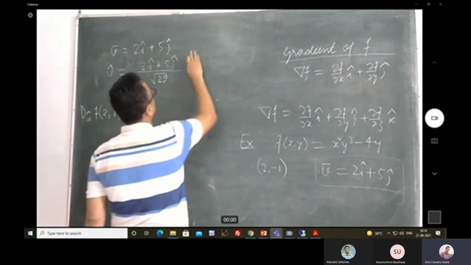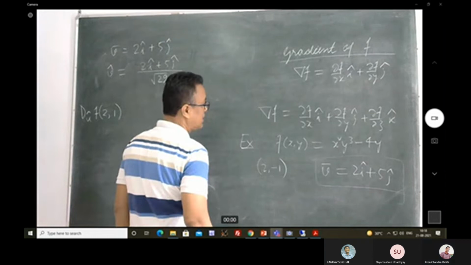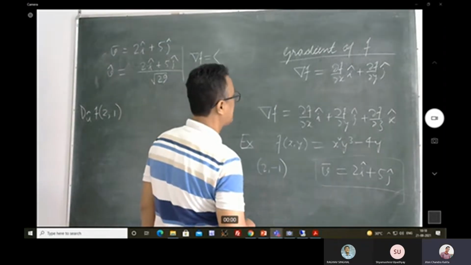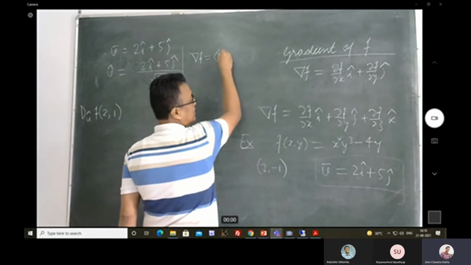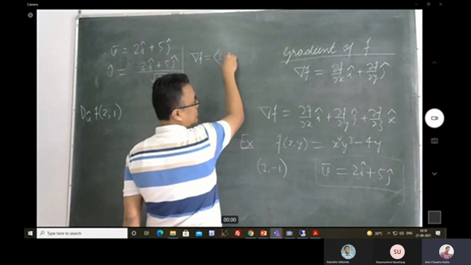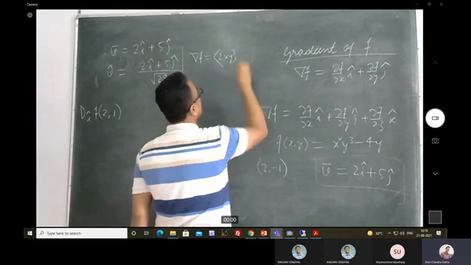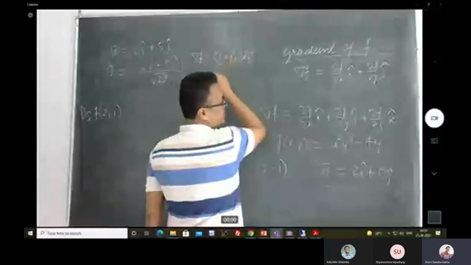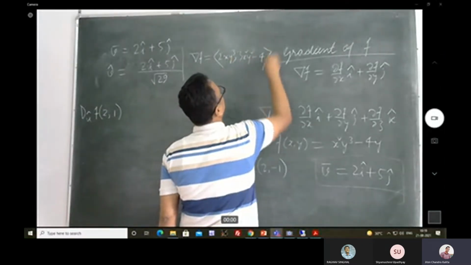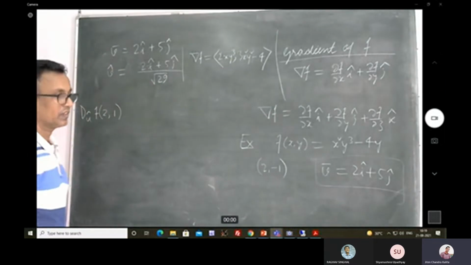For that, firstly I will need the gradient, which is simply 2xy cubed comma 3x squared y squared minus 4, right? Is it okay?